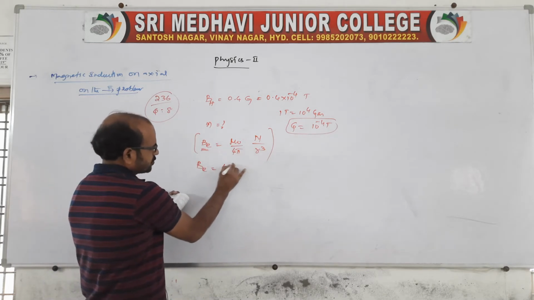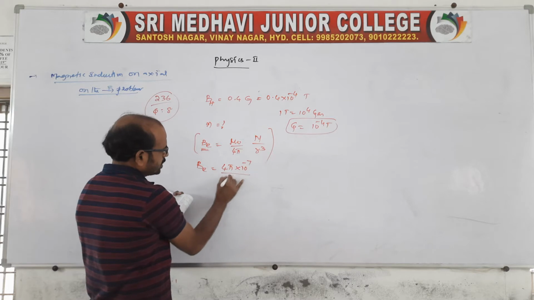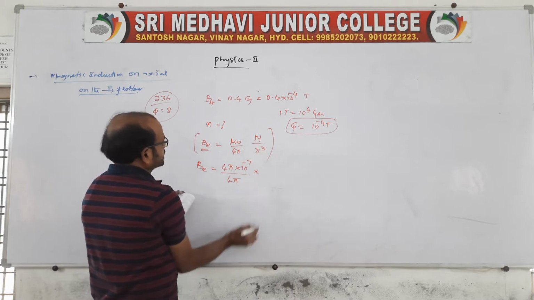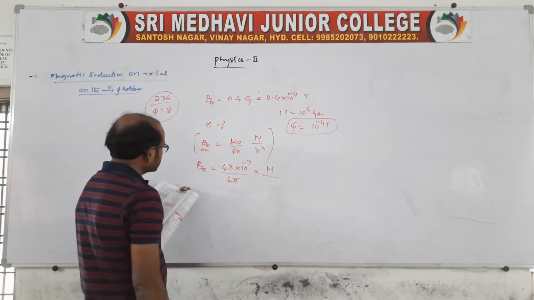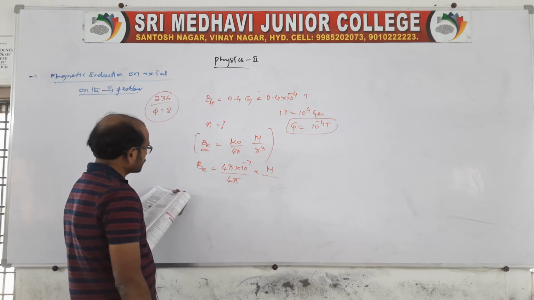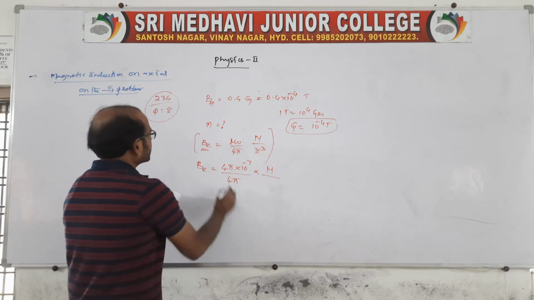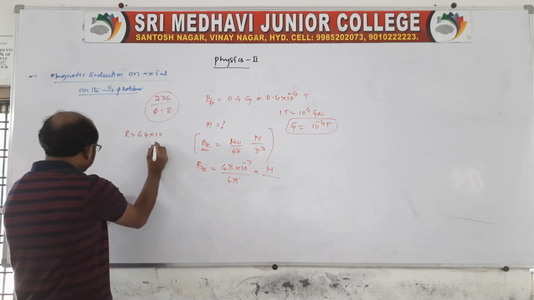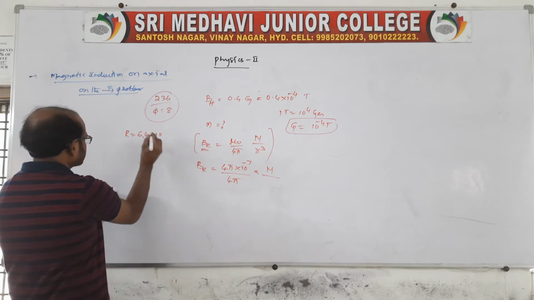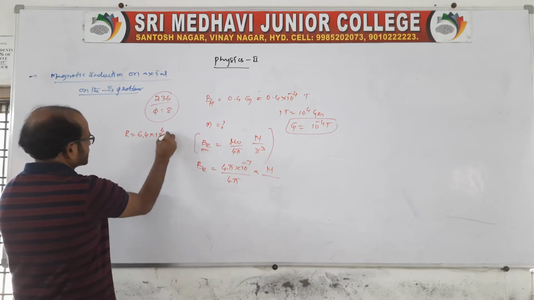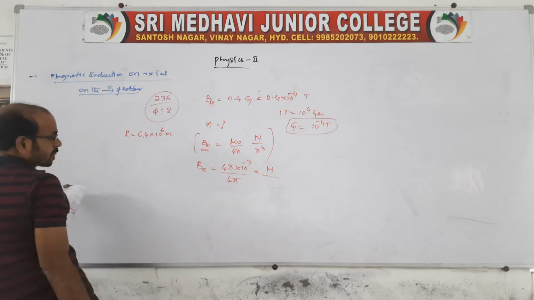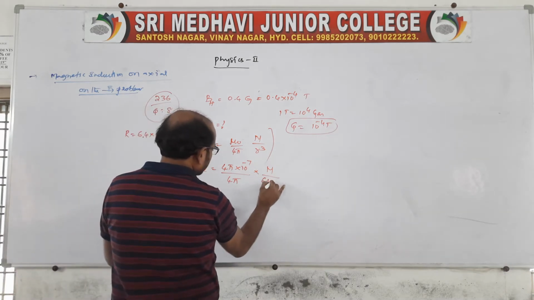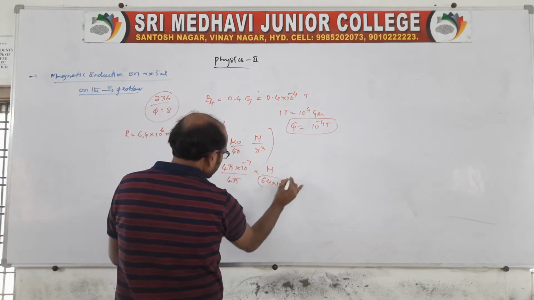Mu naught by 4 pi is 10 power minus 7. Capital M is asked, and r is the distance. Take the radius of the earth as approximately 6.4 into 10 power 6 meters. Directly take 6.4 into 10 power 6, whole cube.